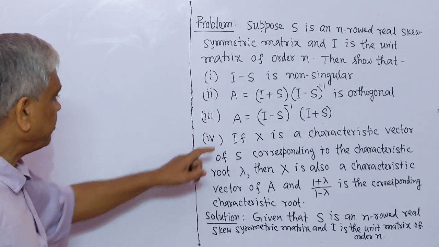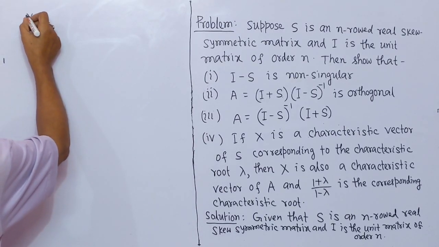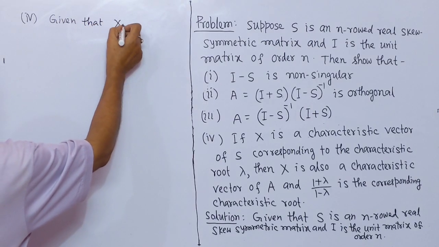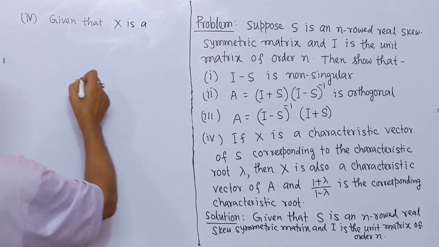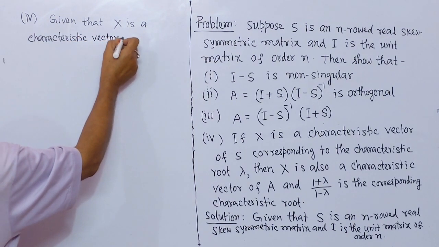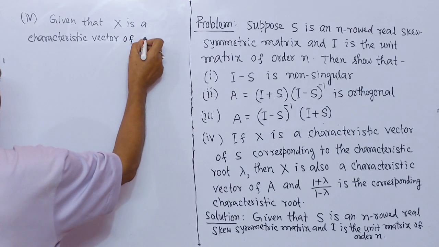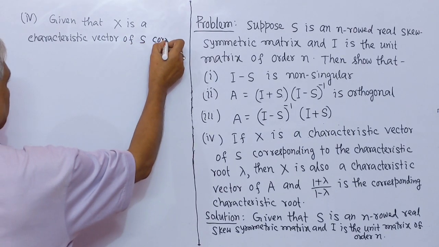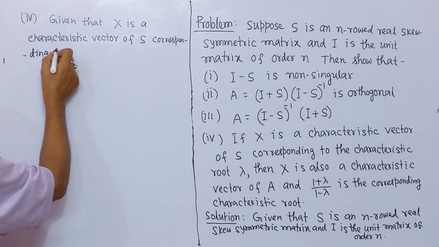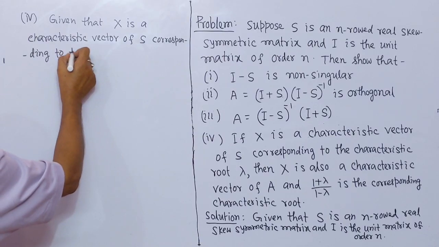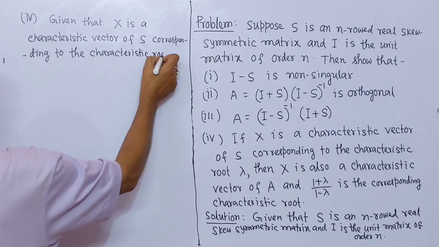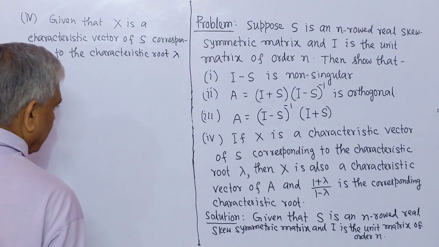Now we solve number 4. Given that x is a characteristic vector of S corresponding to the characteristic root lambda.